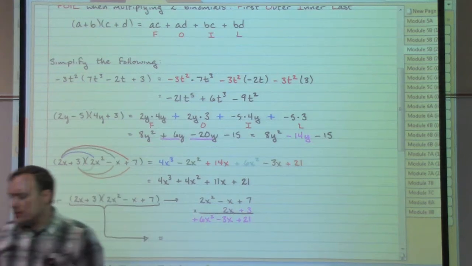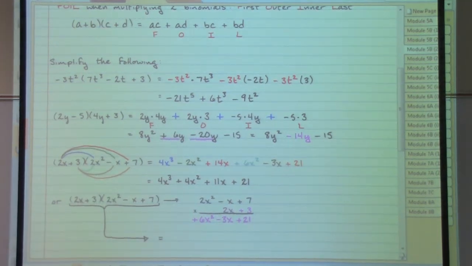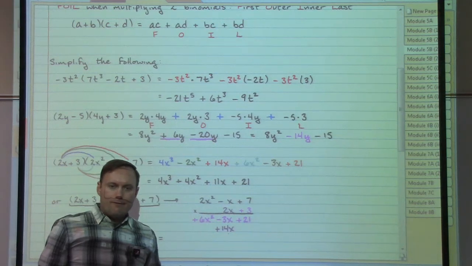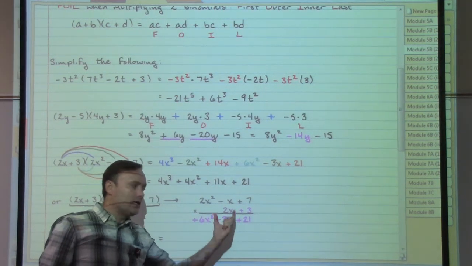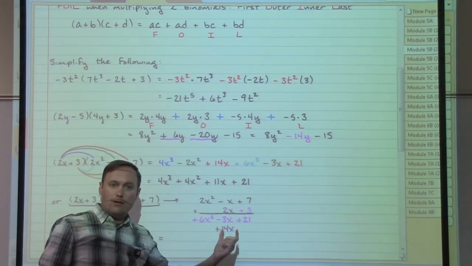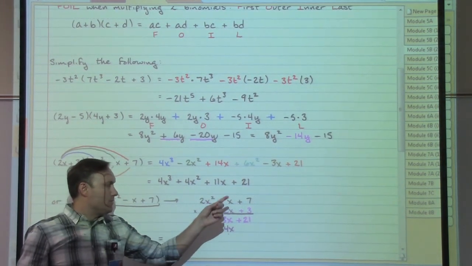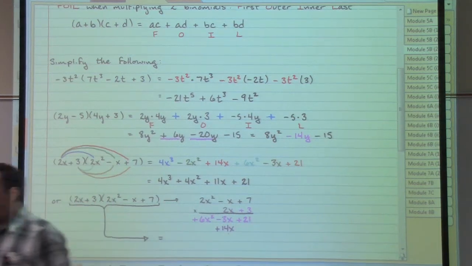Notice what happens is that plus 14x is automatically getting put into the same column as the other x stuff. So it's automatically getting sorted into a column of like terms. The 2x times what's in front of the 7 is a negative x.